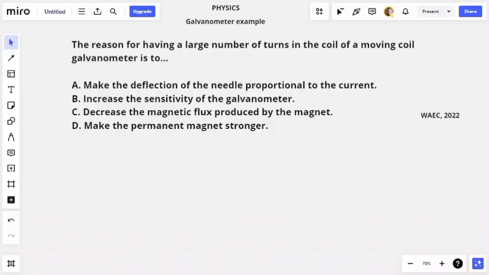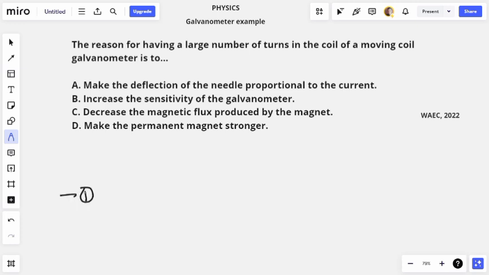This is a sample theory question from WAEC 2022. It says, the reason for having a large number of turns in the coil of a moving coil galvanometer is to... So having a large number of turns in the coil, what is the reason for that?